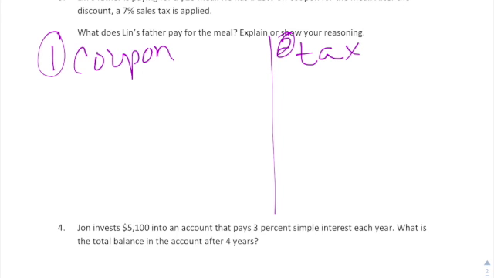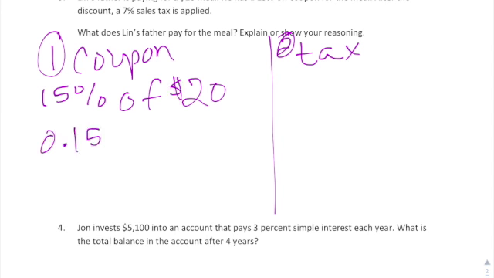So I need to figure out 15% of 20. Okay, change this to a decimal, multiplication, keep the 20. Okay, and when I do that, I get $3.